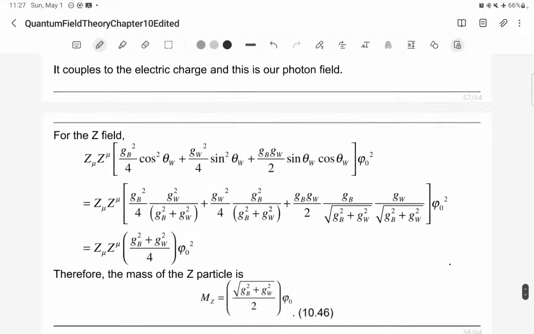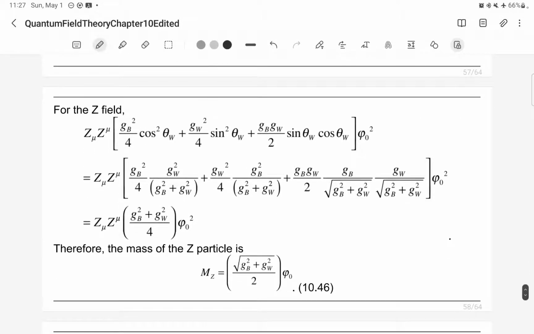And for the Z field, of course, again, we discard terms other than A mu A mu, Z mu Z mu, and W plus W minus. So for here, you will have this one.